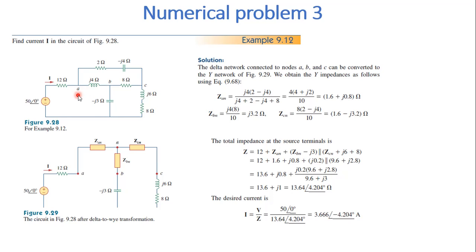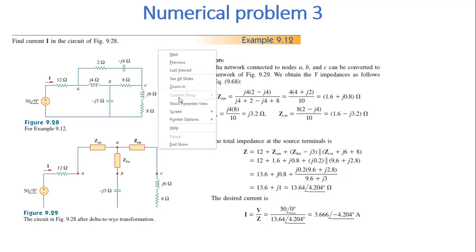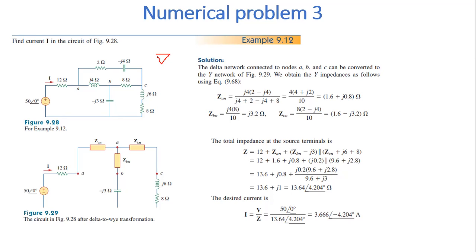You can see that the terminals A, B and C, that is nodes, are given, right? So this forms the delta connected circuit, A to B, B to C and A to C. So the circuit is actually in delta form.